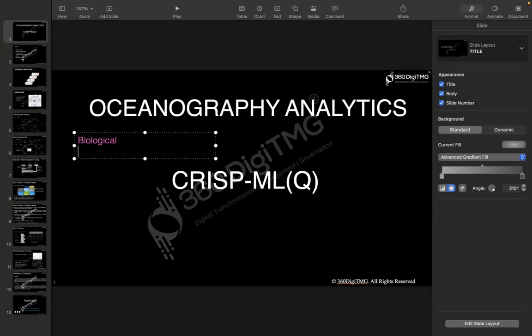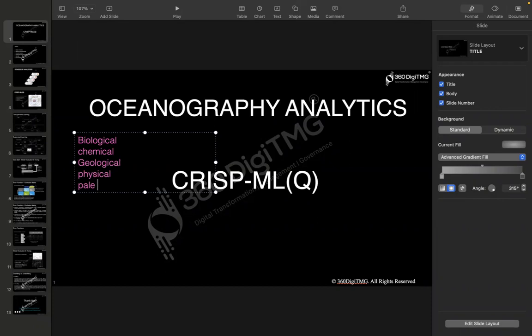Biological, chemical, then we have geological oceanography analytics, then we have physical, then we have paleoceanography. So these were the 5 modules, we can say 5 types of the oceanography analytics. So we were discussing one by one yesterday.